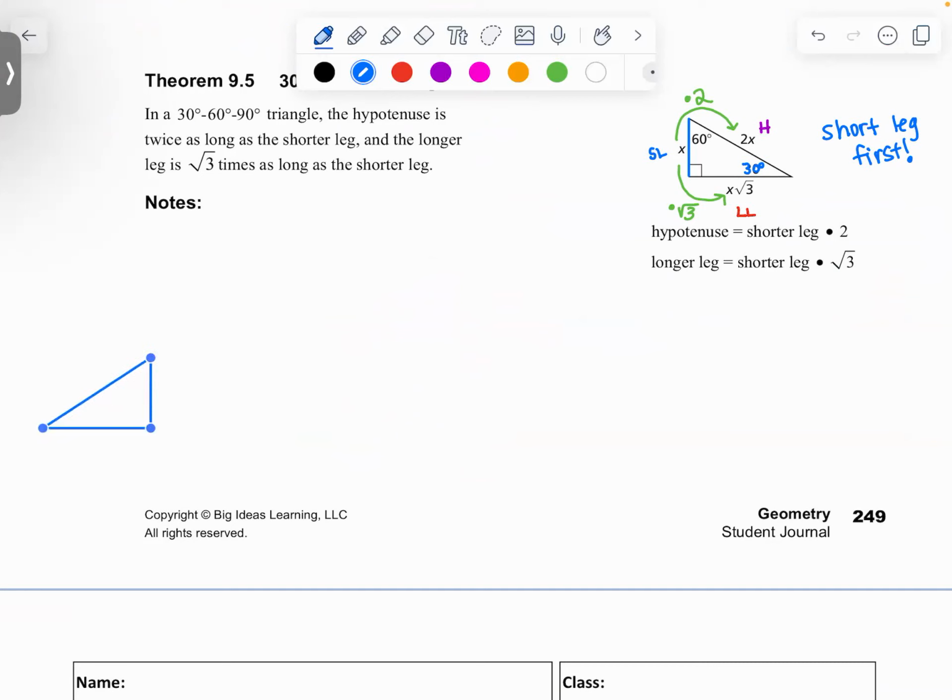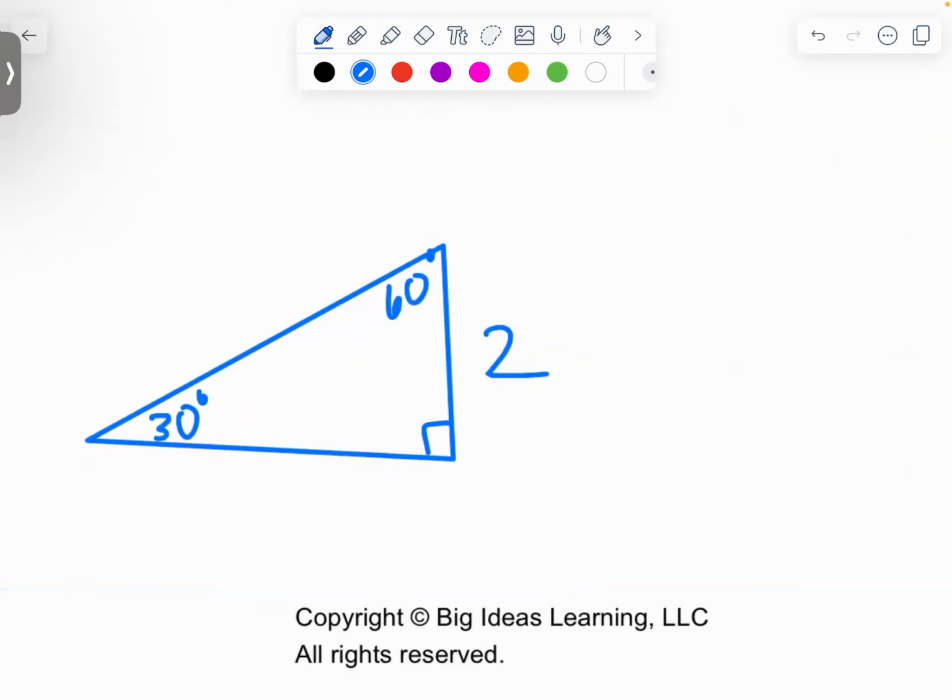It's not my best. We're going to call that good. So 30, 60, and 2. As you're drawing this triangle, which side is the 2? 2 is the short leg because it's across from the 30 degrees.